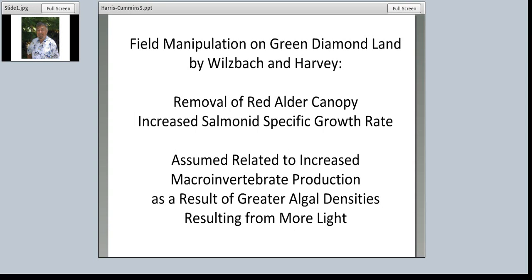They removed 100-meter sections of canopy, mostly red alder, and what they observed was an increase in salmonid production growth rate, and assumed it was related to an increase in macroinvertebrate production that resulted from greater algal densities resulting from more light. That's an assumption. That part wasn't tested, but they certainly had strong correlation between more light and better salmonid growth.